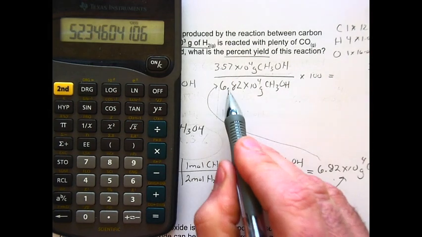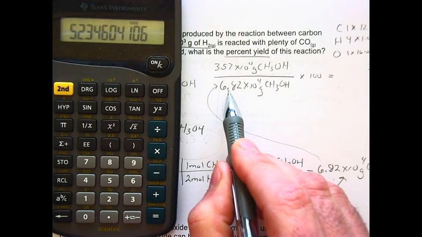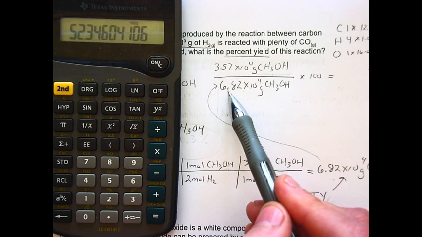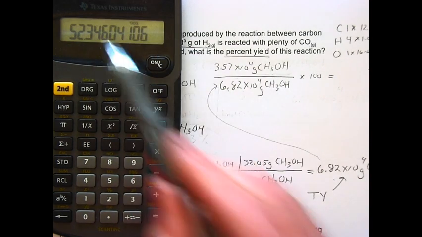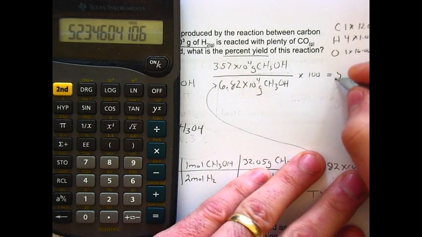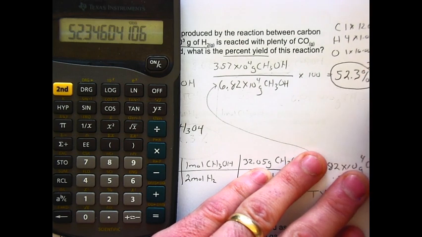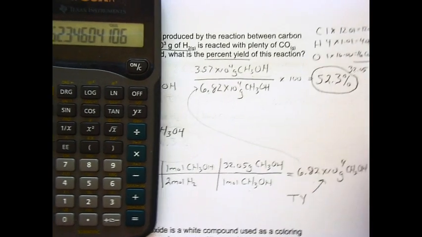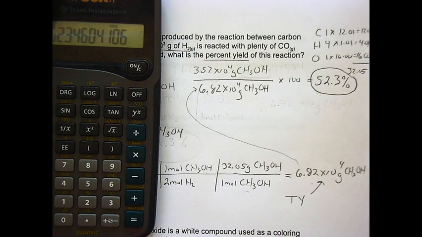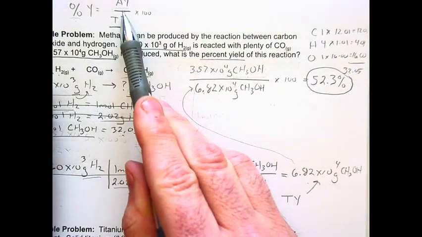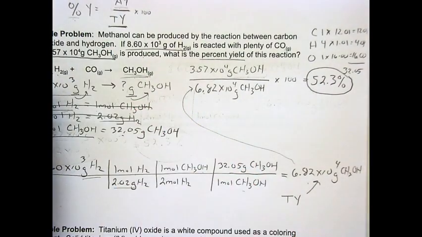Since these numbers have 3 significant figures, we round the answer off to having 3 significant figures, and the answer becomes 52.3, and we add percent as our unit. So that is the first type, where they give us the actual yield and we calculate the percent.